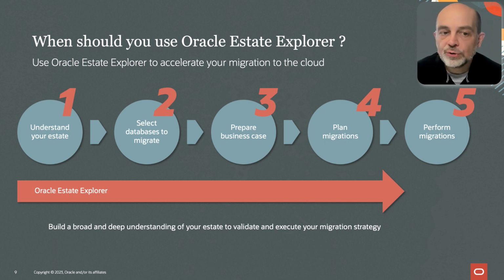So the first thing that you do is you look at your estate and look at the databases that you have and decide how many of those are good candidates for OCI or for cloud in general, and then for autonomous databases. And then from your estate, you may select the databases that you are happy to go into cloud and to the various different service targets.